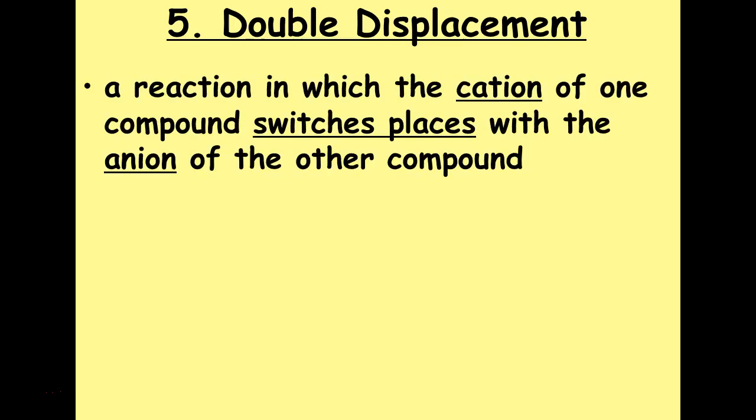A double displacement is a reaction in which the cation, which we just said is the positively charged ion, of one compound switches places with the anion, which is the negatively charged particle, of the other compound. So you have the metal, which switches with the non-metal.